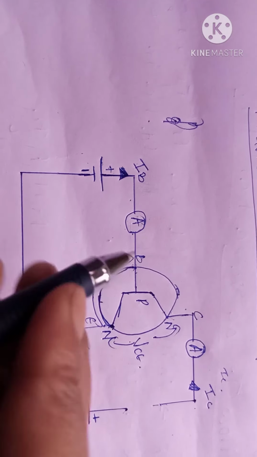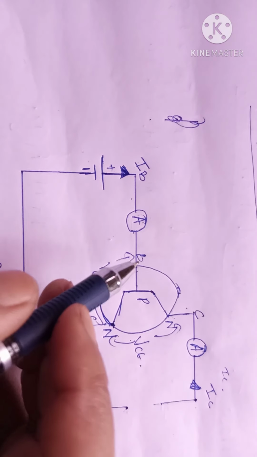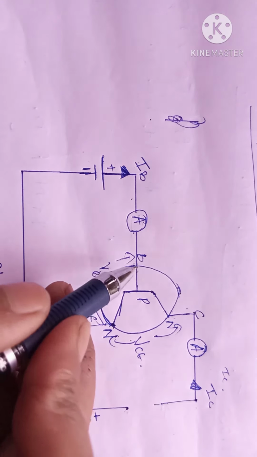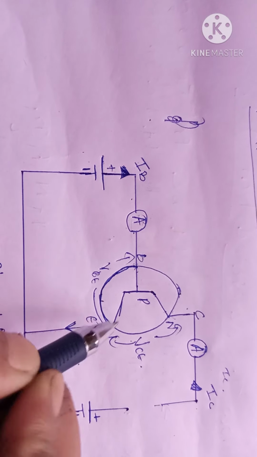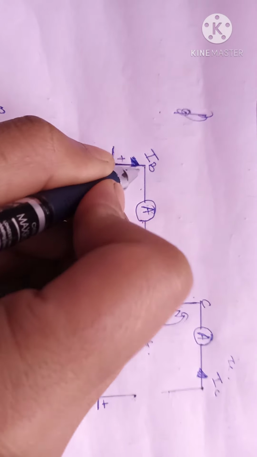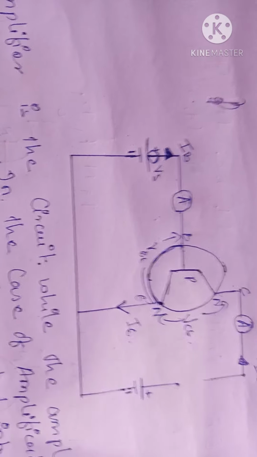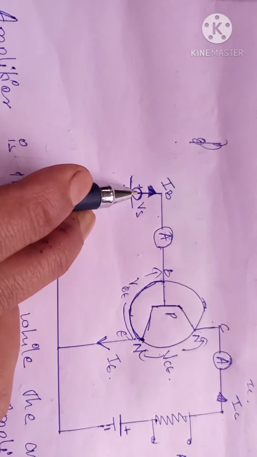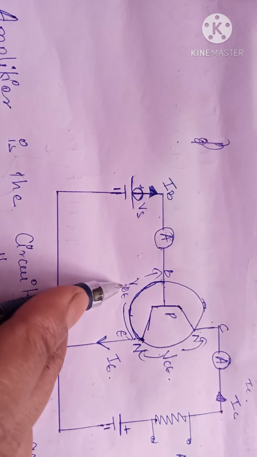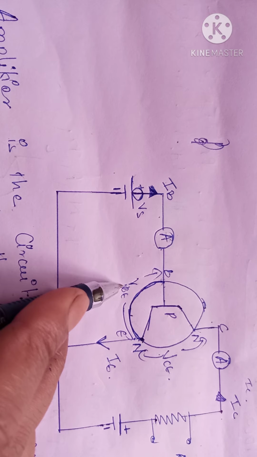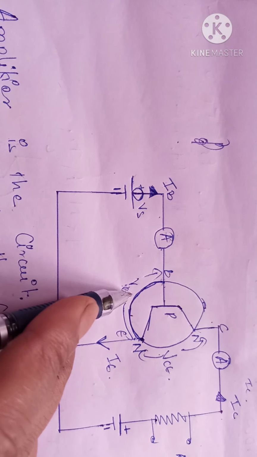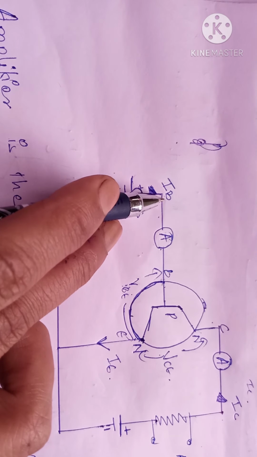The signal which has to be amplified is always connected between base and emitter. Suppose here is a signal Vs. When the signal is added, VBE is going to change, and when the input voltage changes, the base current will also change.